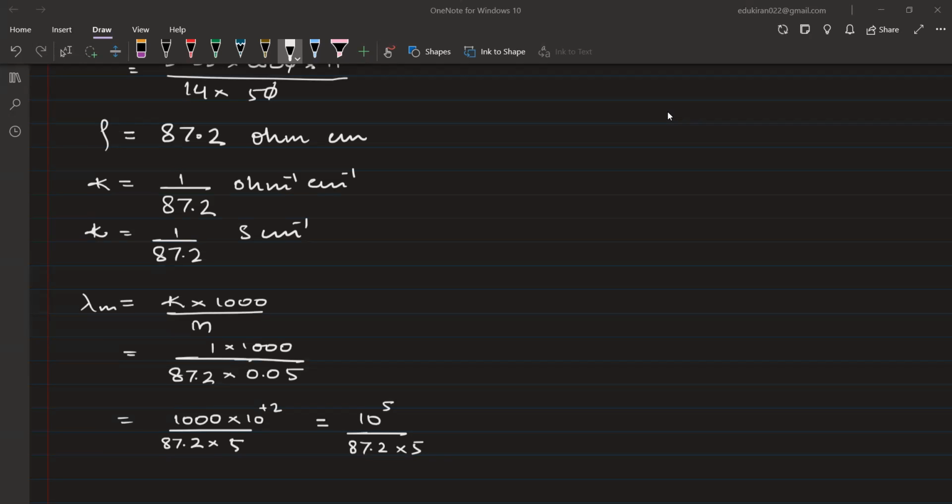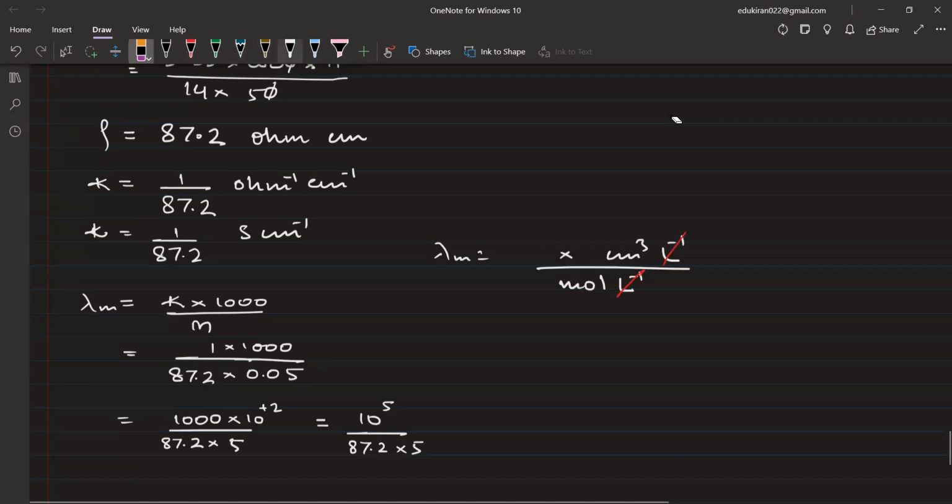This will be Siemens into centimeter cube liter inverse. 1000 का मतलब क्या है? Just 1. And molarity, this is moles per liter. So the unit comes out to be liter inverse will get cancelled. Okay, this is not Siemens, this is Siemens per centimeter. And from here we are going to get Siemens centimeter minus 2 mole inverse. And centimeter square mole inverse. This is going to be your unit.